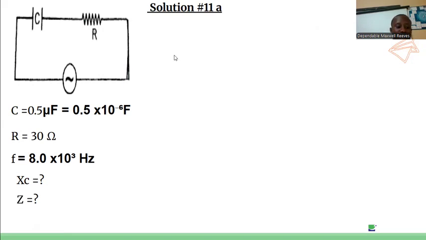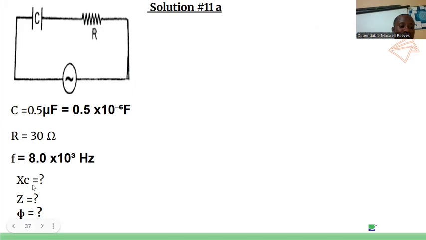Z is the impedance, and we're also asked to determine the impedance. Impedance is equal to question mark. Let us calculate XC first before calculating Z. The phase angle, phi, is also equal to question mark.